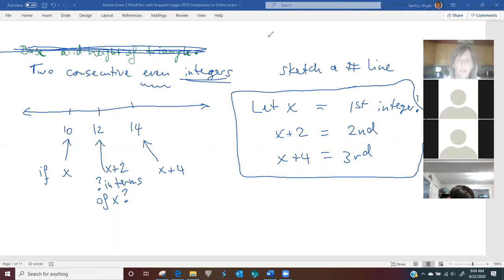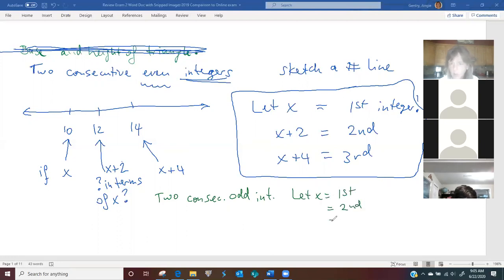Now let's look at, I'm going to use a different color, what if it had said exactly the same thing, but 2 consecutive odd integers. Then you say, I'm going to let x be the first. And then I say, what else do I need?